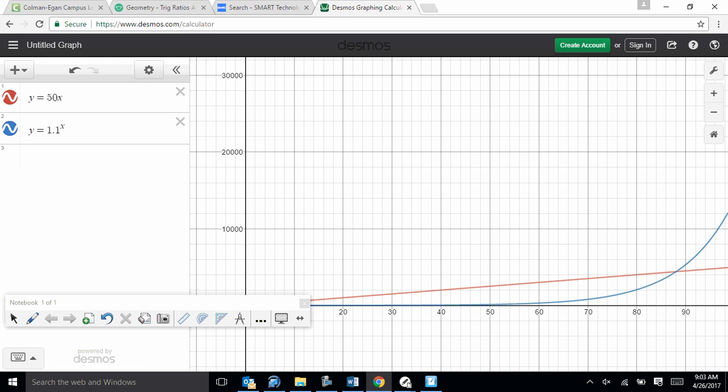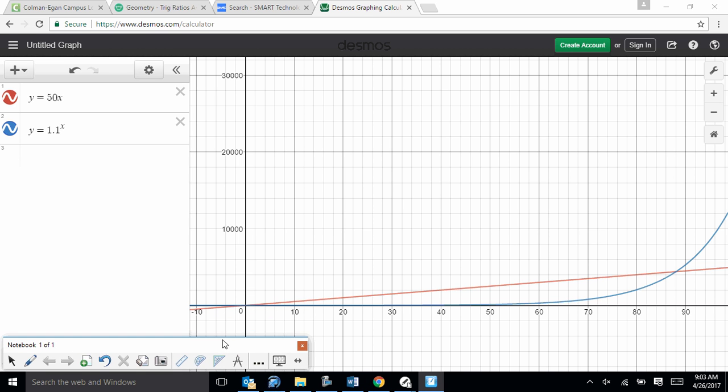She said that if our base is real small, if it's a real slow growth, like 1.1 to the x, maybe that is always less than the linear function 50 times x. Is hers a true or false statement?